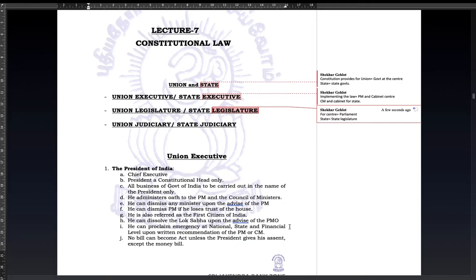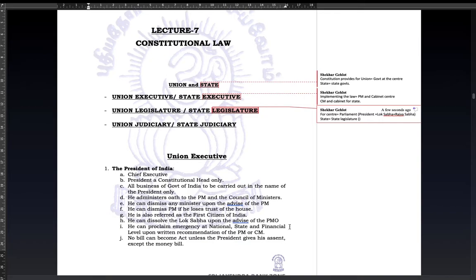The state legislature includes, like in Parliament, the president plus Lok Sabha plus Rajya Sabha.